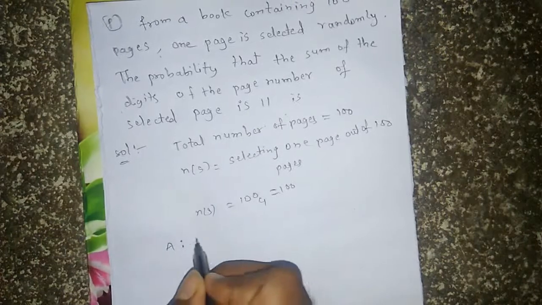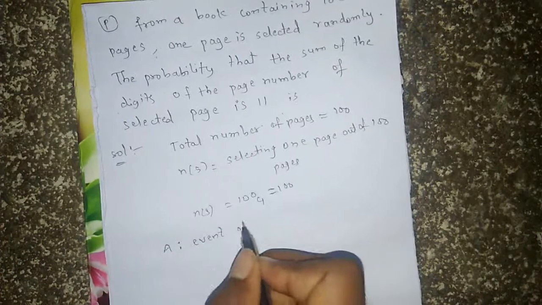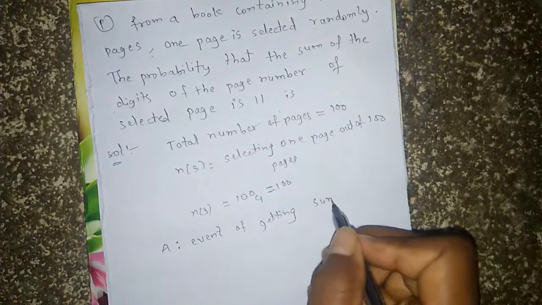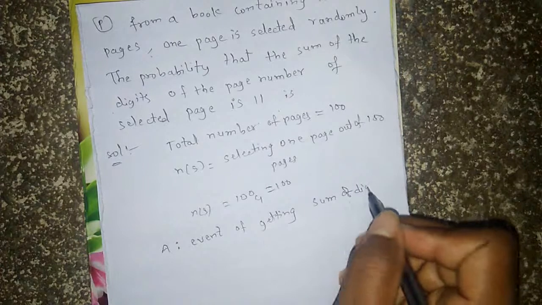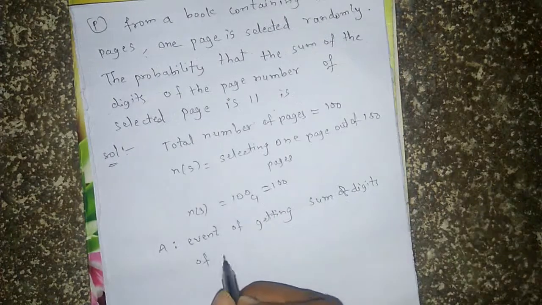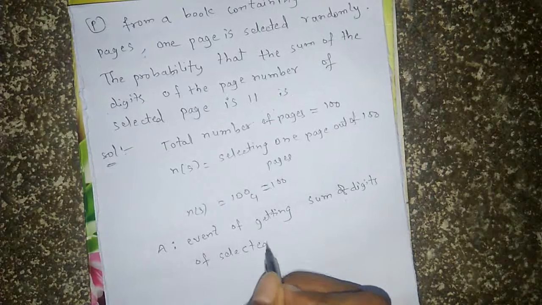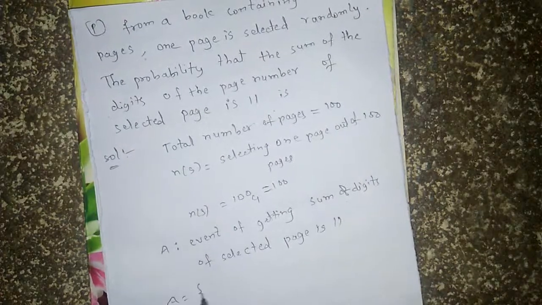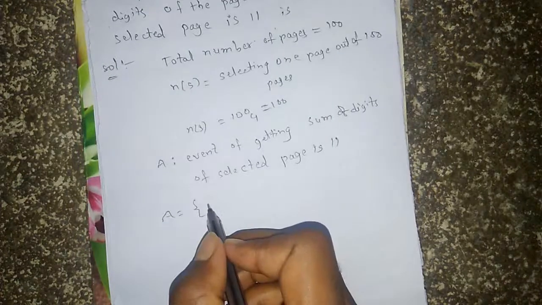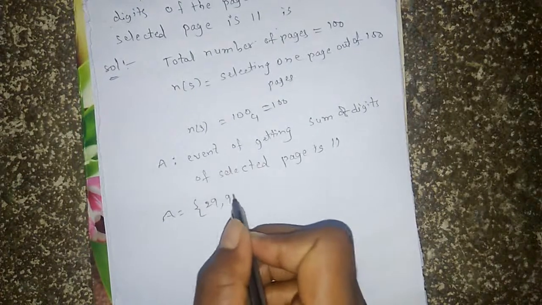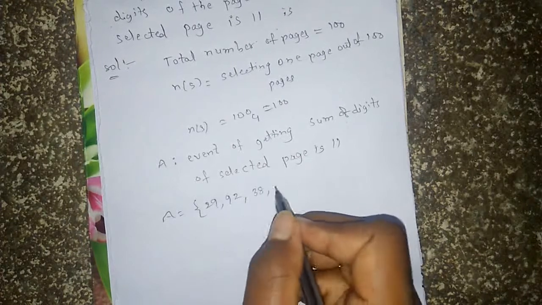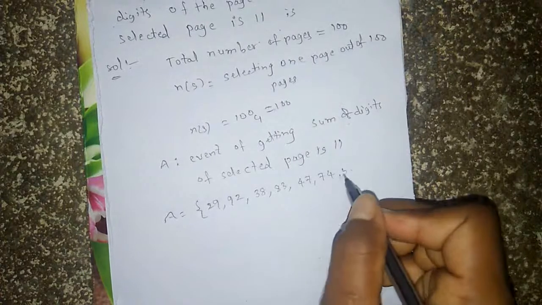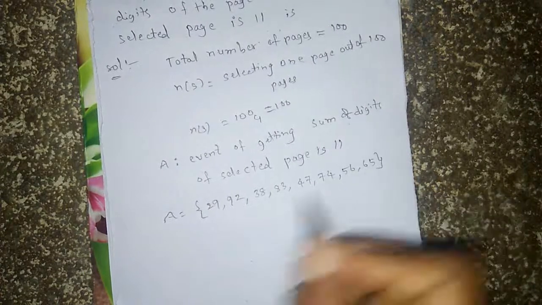Now let A be the event of getting the sum of the digits of the selected page as 11. Therefore A is equal to 29, 92, 38, 83, 47, 74, 56, 65.